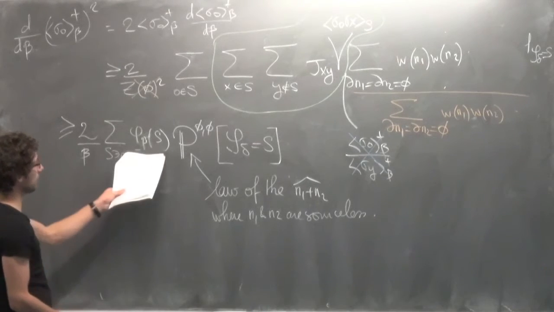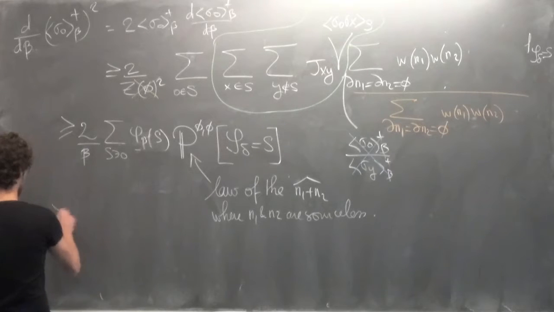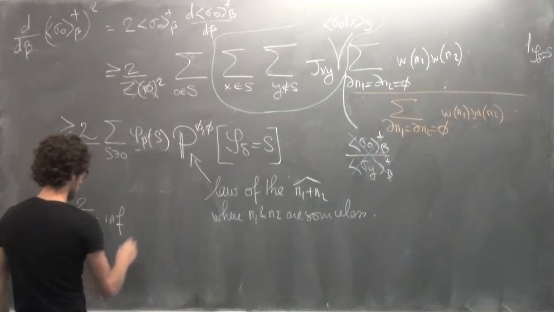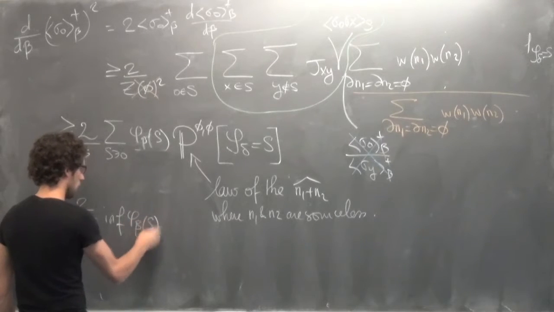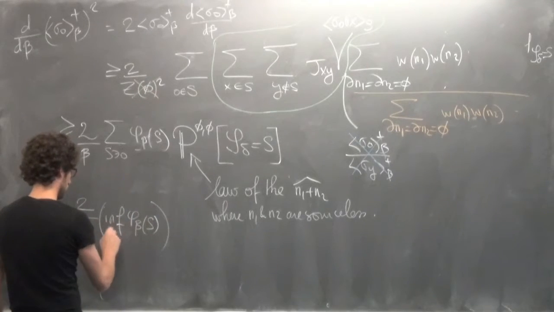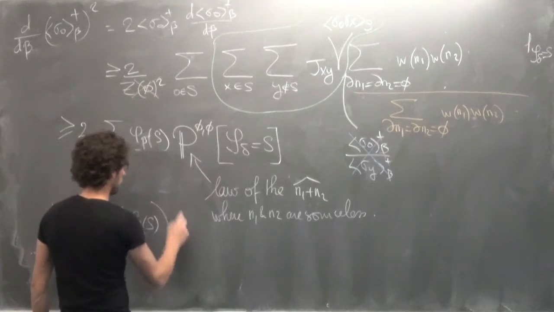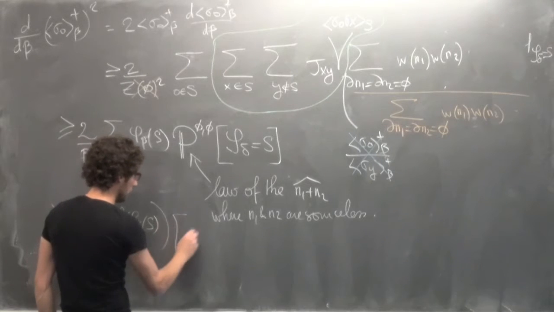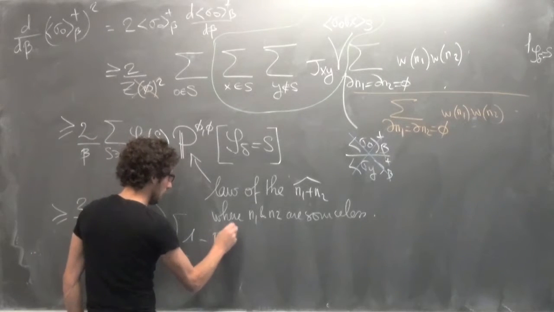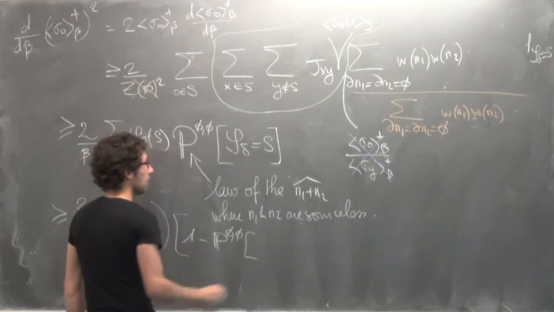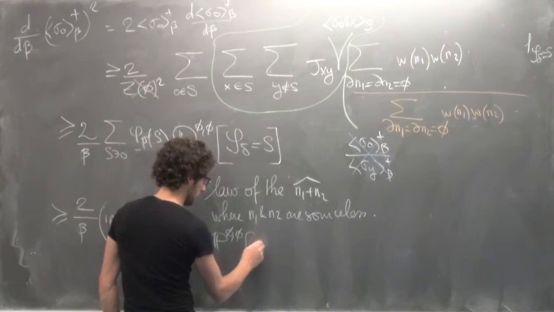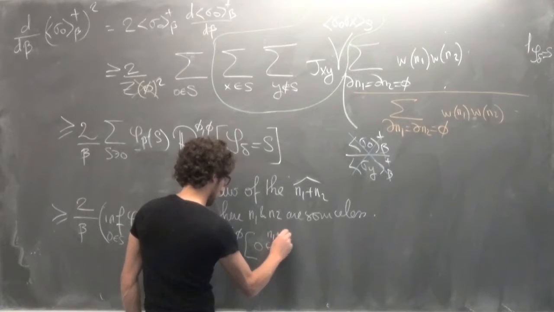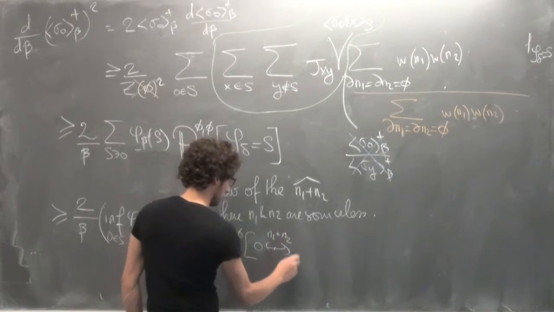In particular, if you take the infimum here, this is larger than 2 divided by beta times the infimum of the phi beta of S. And now you get the sum over S of S delta equal S. This is what? This is 1 minus the probability that 0 is connected to delta.